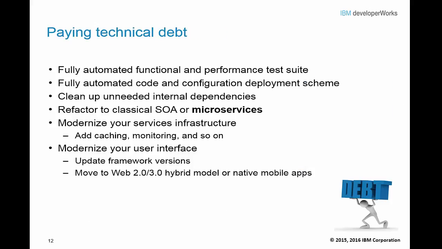As you consider migrating applications to the cloud, it is a good time to pay technical debts by developing automated functional and performance test suites, by fully automating code and configuration deployment schemes, by cleaning up unneeded internal dependencies, therefore standardize on a common packaging approach and a common set of third-party packages and jar files, by refactoring the code to use microservices, by modernizing services infrastructure, for example, add caching, monitoring, and analytics cloud services, by modernizing the user interface, for example, come up to date on framework versions.